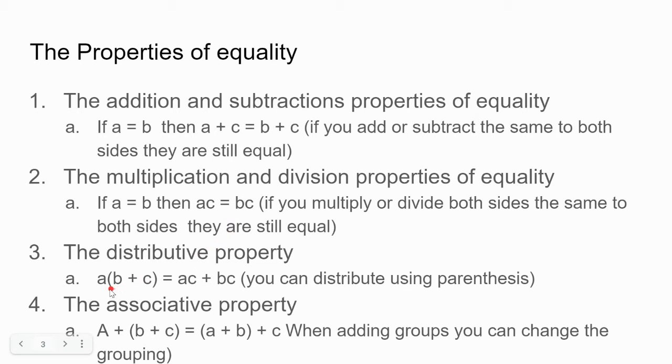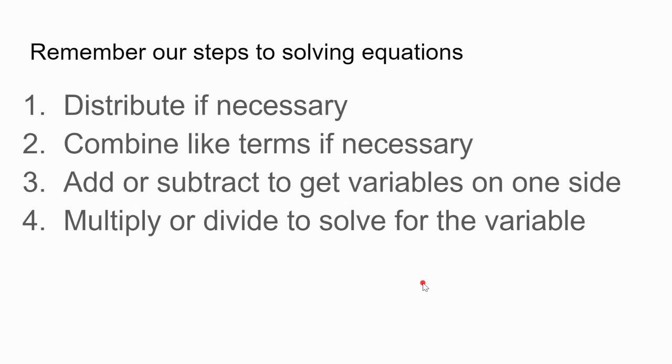The distributive property: A times the quantity of B plus C, I can multiply A times B plus A times C. And the associative property, if I group numbers in this way, then I can group numbers in that way and add them together, and they're still the same. But that's only with addition.